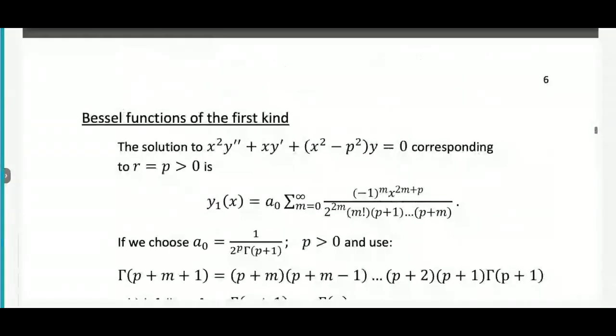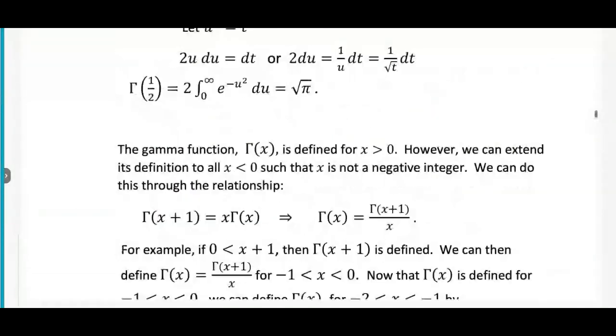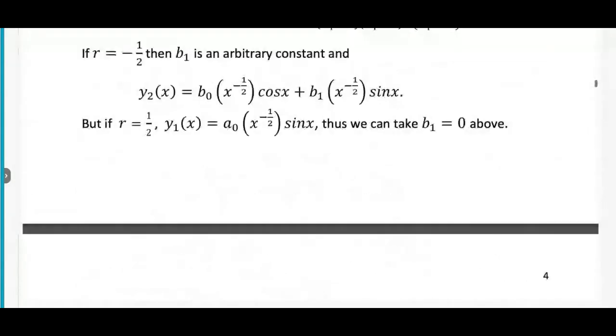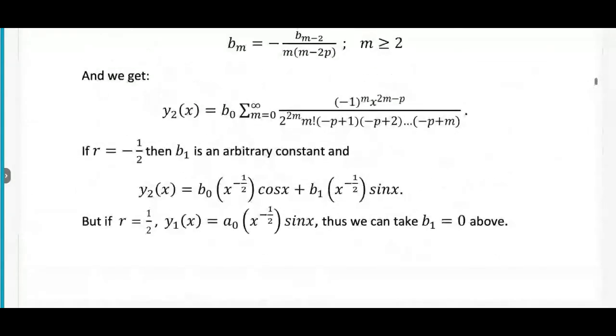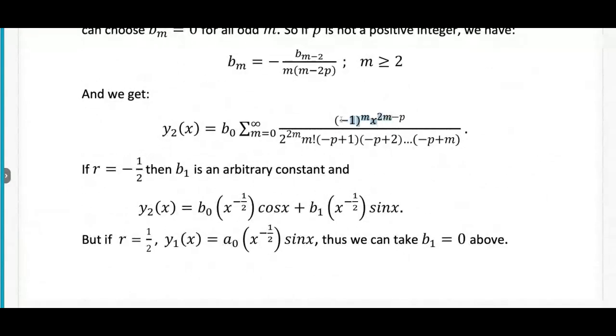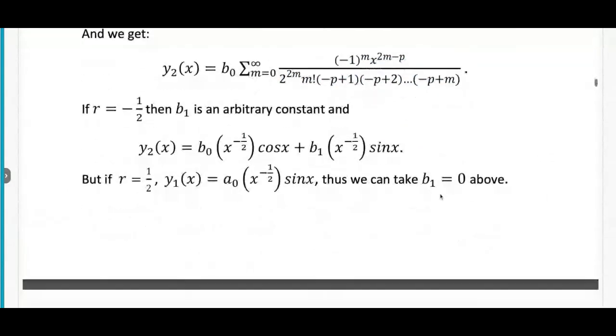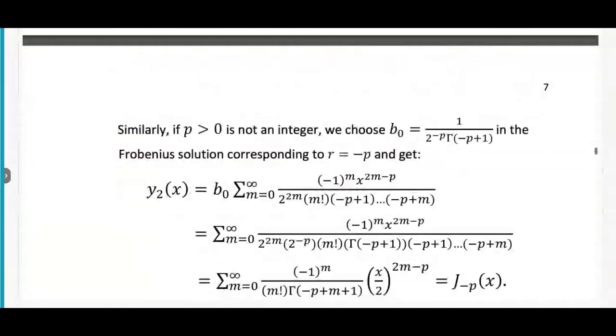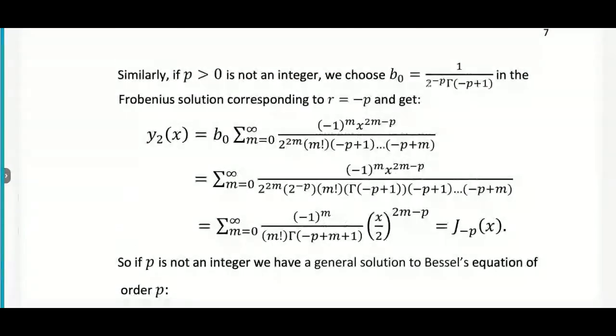Remember, when p is negative, we have this case. So we choose b naught to be 1 over 2 raised to negative p and gamma of 1 minus p, in the Frobenius solution corresponding to r equals negative p.